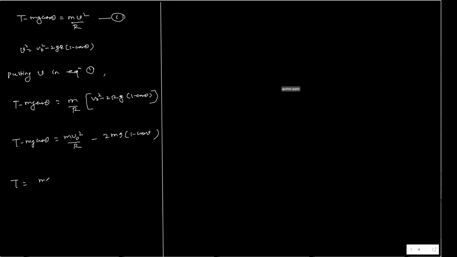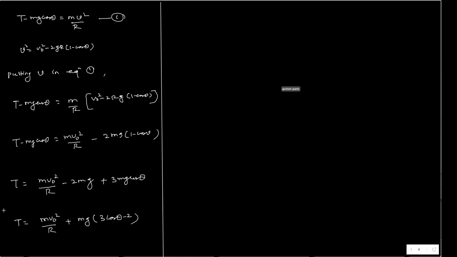That means T will become mv naught squared by r, minus 2mg, and this mg cos theta will be plus 2mg cos theta. So this will become 3mg cos theta. So T will become mv naught squared by r plus mg into 3 cos theta minus 2.